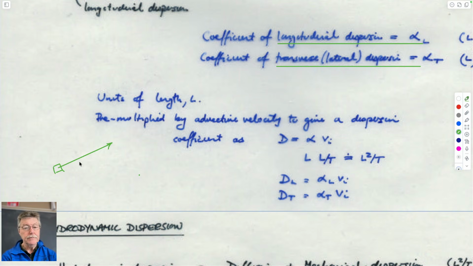And so if we redraw that picture I had before, we have x and longitudinal, we have y and transverse, and we expect the plume to kind of look like this.